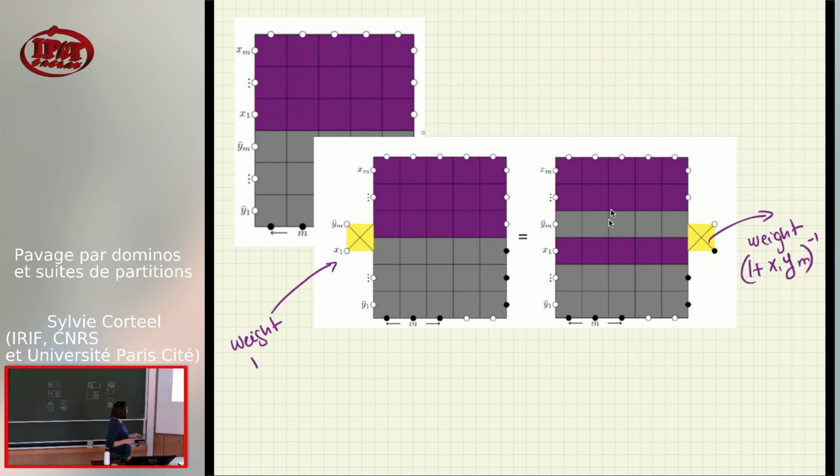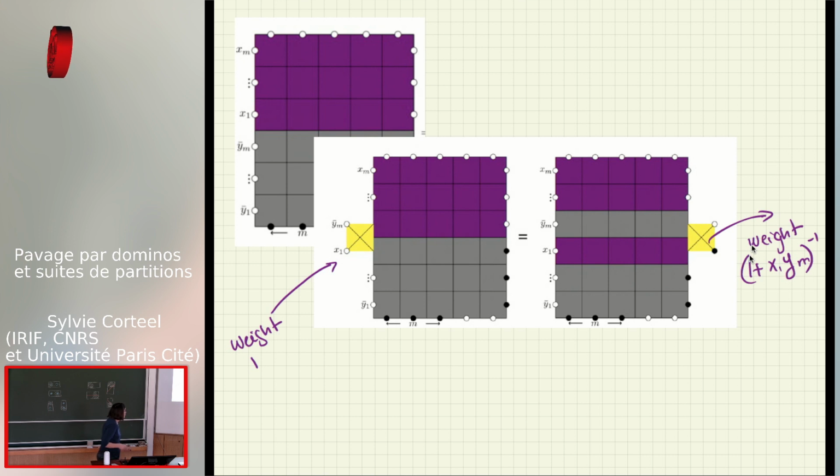I didn't write you the weights coming from the Yang-Baxter equation, but the cross on the left is going to have weight 1, and the cross on the right is going to have a certain weight, that's the inverse of 1 plus x1 times yn.